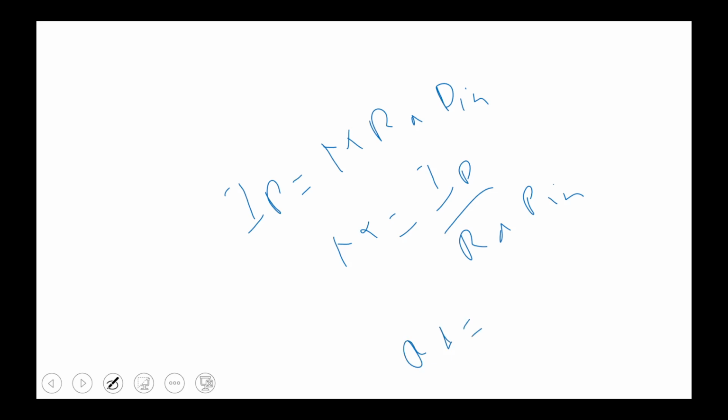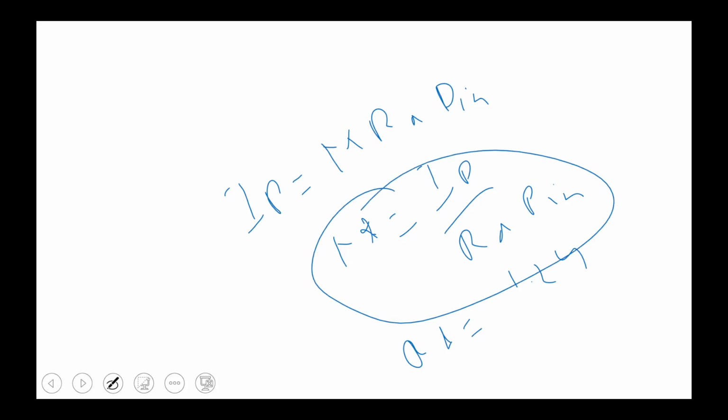The formula you know is 1.24. From that you can calculate the multiplication factor in that case. Any other questions?